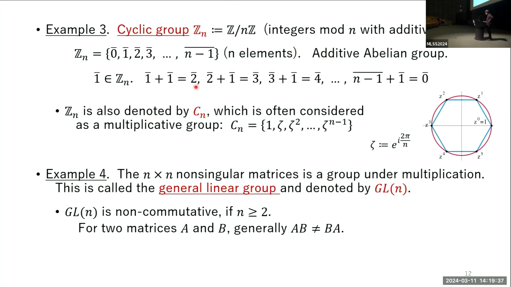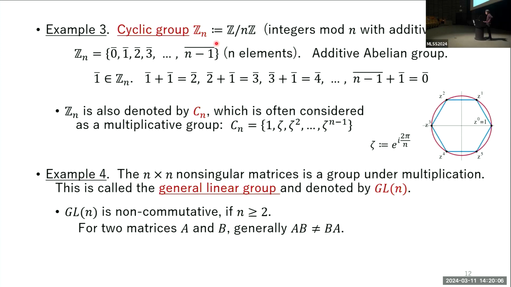Perhaps you may be very familiar with this type of concept. If we add 2 elements and take modulo n, we have an element from 0 to n minus 1, and we can make a group. And the 0 element and inverse element exist here. And this is often denoted by Z sub n.